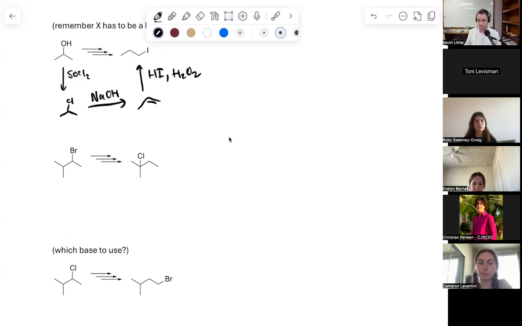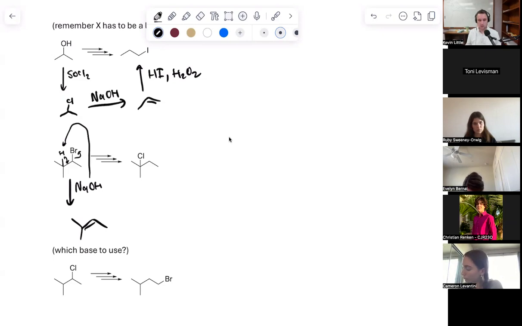We need to eliminate our bromine. So I'm going to use sodium hydroxide because all things being equal, we're going to form the more stable double bond, right? So we're going to eliminate this hydrogen. You guys don't need to show the curved arrows. I'm just illustrating it here. Then just to go here, it's just HCl. It's the Markovnikov addition adding to the more substituted part of the double bond, my chlorine.